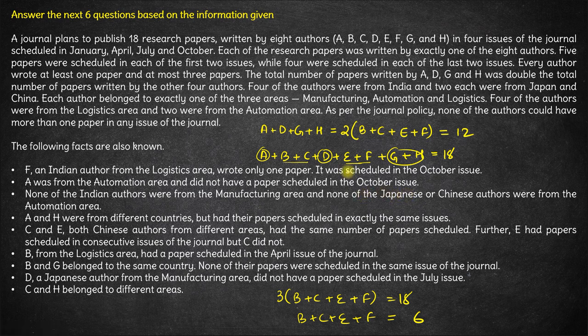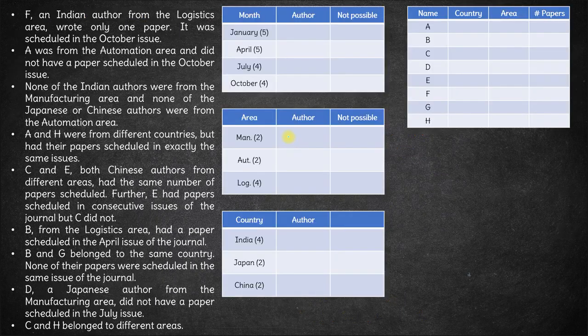Now if all 4 of them together have written 12 papers, and we know the maximum papers written by each person is 3, that means each of these 4 persons wrote exactly 3 papers. This is the only possible way you can get a total of 12 papers for these 4. So we'll be making a table for each issue, each area, each country and the people here.